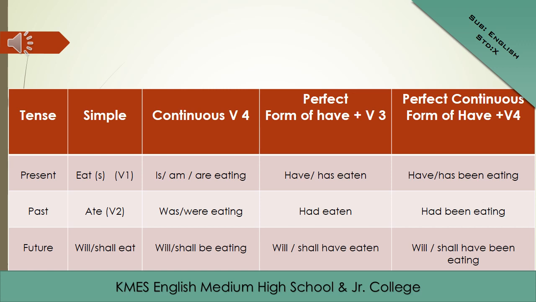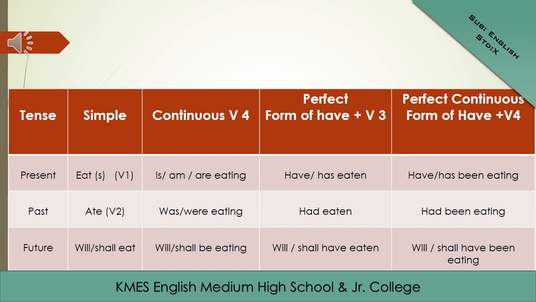So for future tense we will use either will or shall to show future tense, plus eat, again in the first form. So this is how, if we have simple present, simple past, or simple future, we will be using the first form for present, the second form of the verb for past, and will or shall plus the first form of the verb. Next what we have is continuous tense.